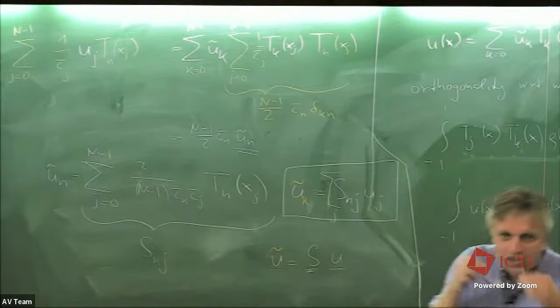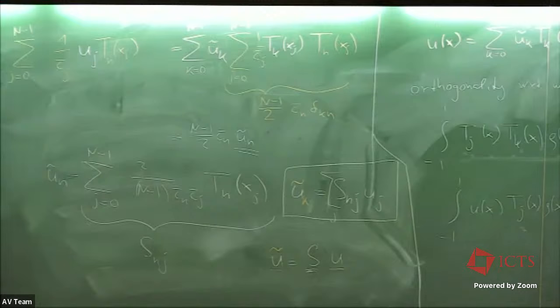So I apologize, today's lecture is unfortunately a lot of formulas that all look very similar to each other, and it's easy to get lost in indices. You see, I even get lost with my notes in my hand. I hope it gets better again after we are through this Chebyshev theory.